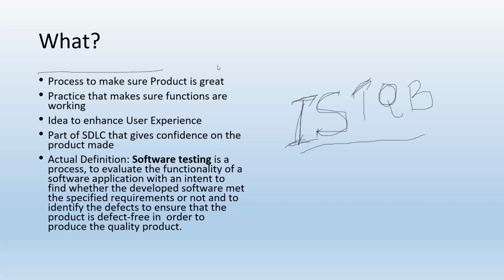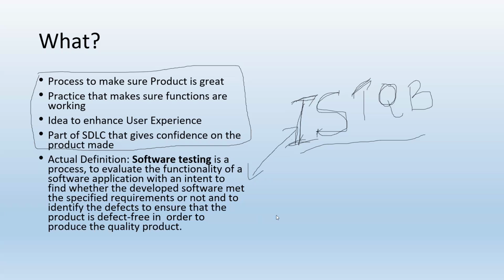From here, this is not what you can find in the book. But here is the actual definition of software testing from these people called the ISTQB. They say software testing is a process to evaluate the functionality of a software application with an intent to find whether the developed software meets the specified requirements.